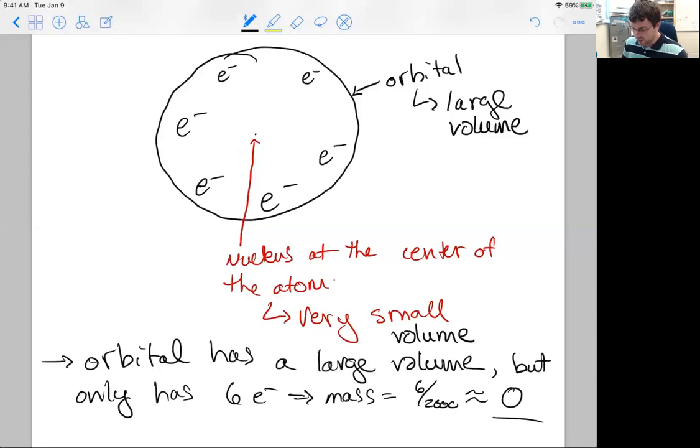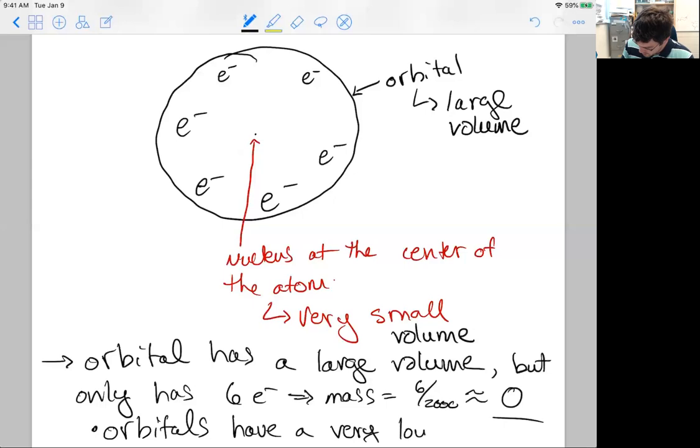So we have a large volume and a low mass. We would say that the orbitals are low density. The orbitals have a very low density.